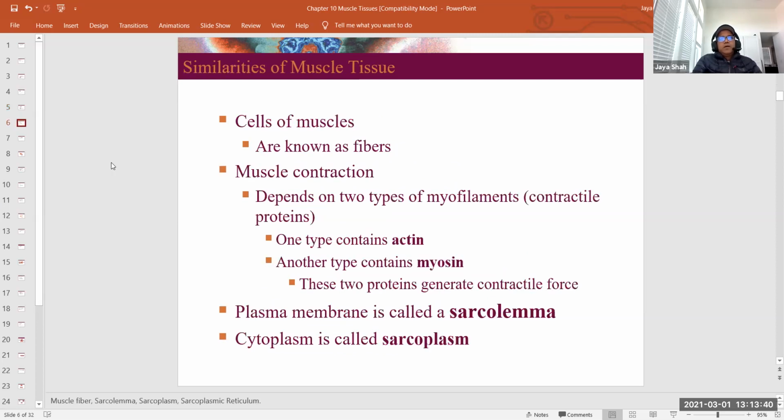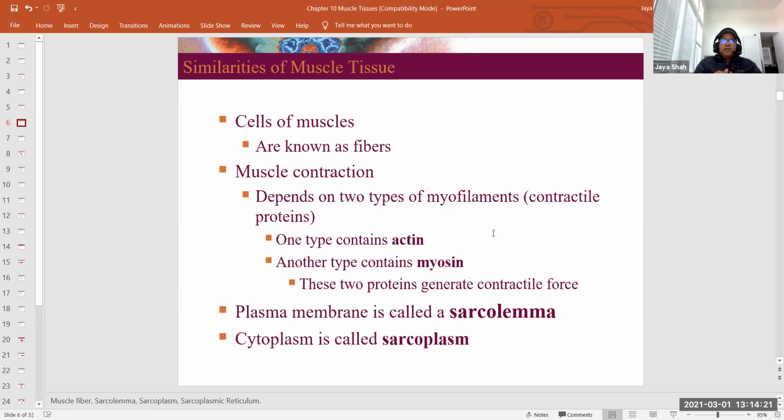Okay. So some similarities of all the muscle tissues. Cells of the muscles are known as fibers because they are long and thin. Muscle contraction depends on two types of myofilaments. Whether it is skeletal, cardiac, or smooth muscle, their cells contain most of their organelle space filled with only one organelle, and that is called myofibrils.